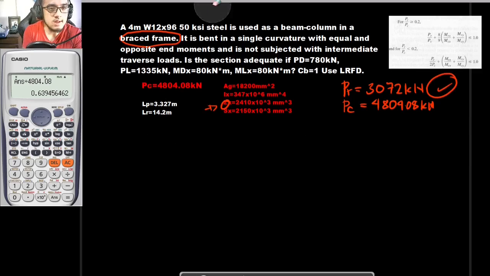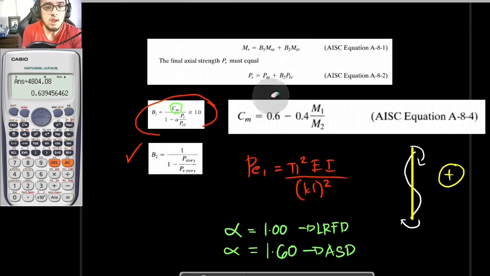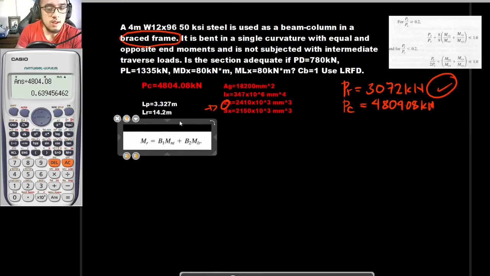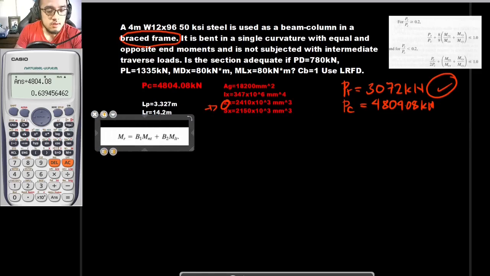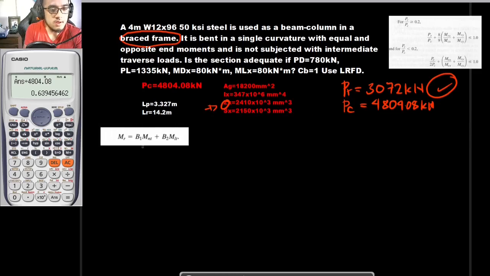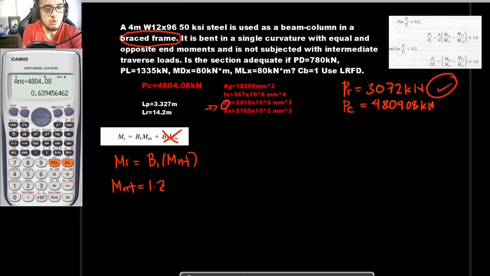From that, this is to be your PR. But take note guys that in order for us to solve for the moment here, ito yung gagamitin natin for our MR. For our MR, that is to be betas of 1 times MNT. And once again, our frame is braced, so we wouldn't be needing this second term right here. And our MNT is equal to 1.2 times 80, then plus 1.6 times 80.